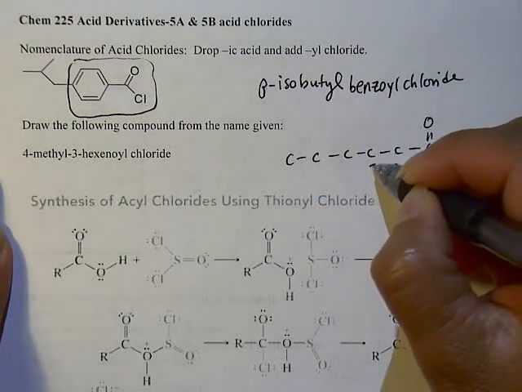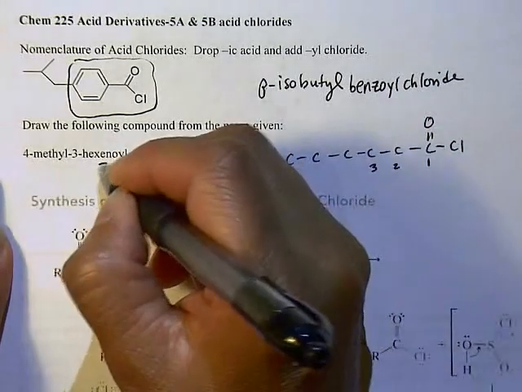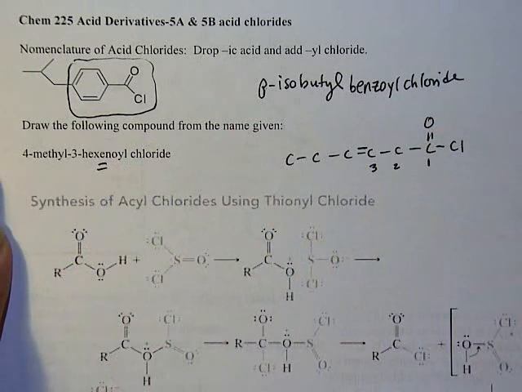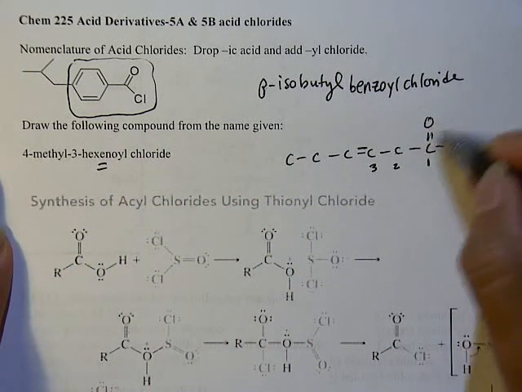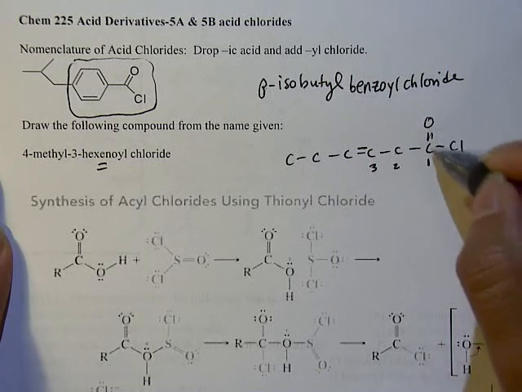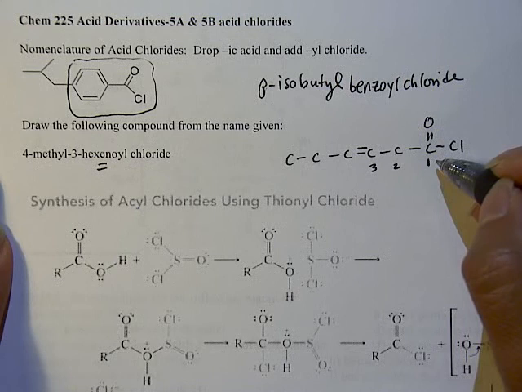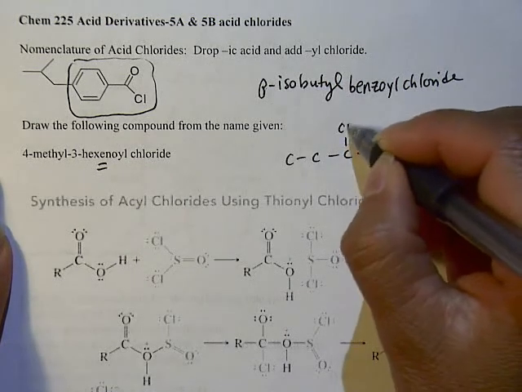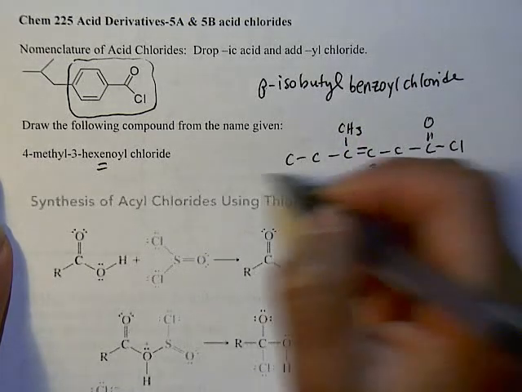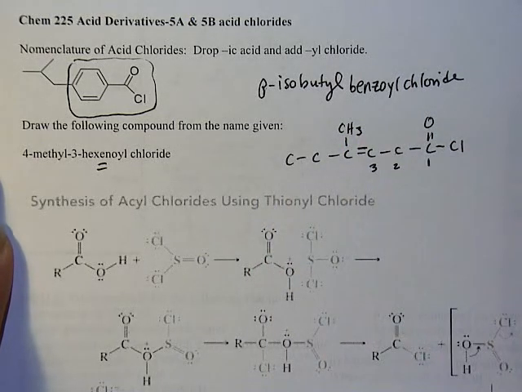Notice the ene, so you put the double bond at carbon 3, and once again the acid chloride is understood to be at carbon 1, so you don't need a number for that. Then you have a methyl group on the 4th carbon. If you fill in all the appropriate hydrogens, you have the correct structure for 4-methyl-3-hexenoyl chloride. All right.